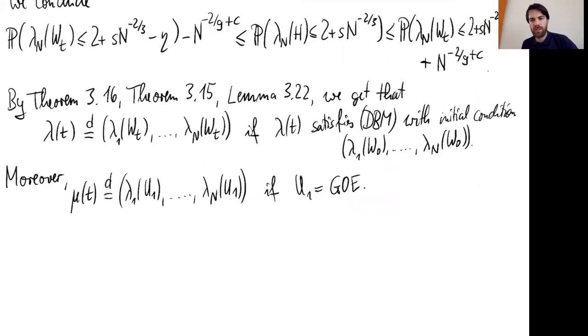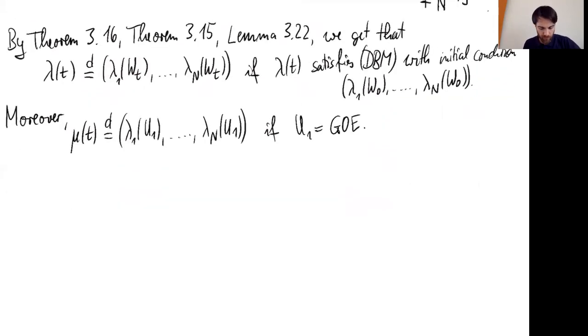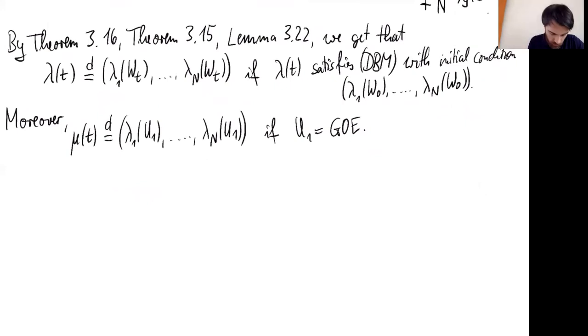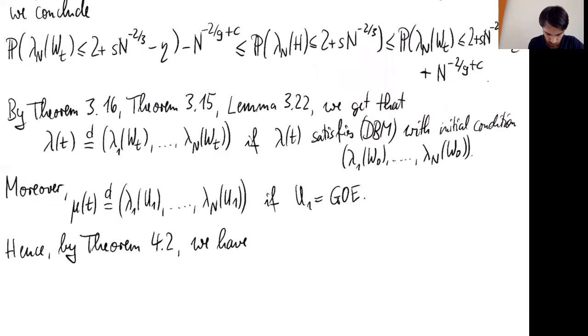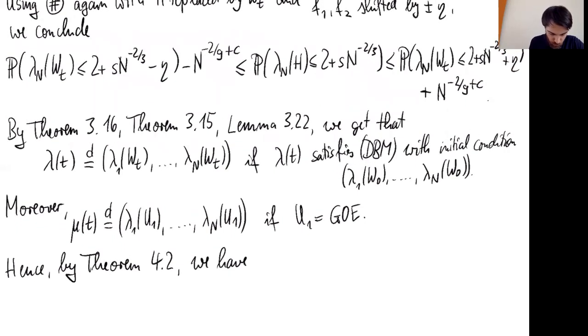And then we can use this relaxation theorem that I mentioned before to conclude the whole proof of the edge universality. Hence, by this theorem 4.2, we have the following. So by 4.2, I know that inside this probability, I can replace this here by the lambda n of mu1. Of course, I have to add another error term, and the same here.